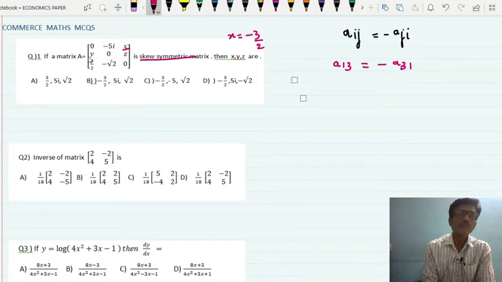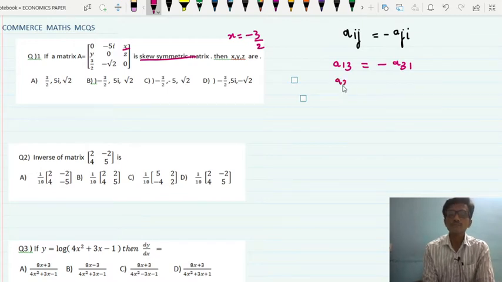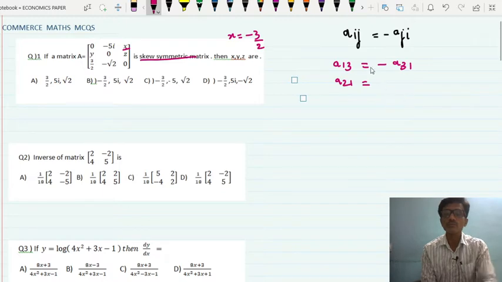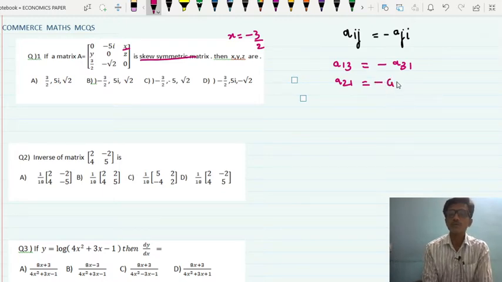And Y is in the position of second row and first column, that is A21, which is equal to minus of A12. So A21 will be equal to the opposite sign of this. Therefore Y is equal to plus 5i.